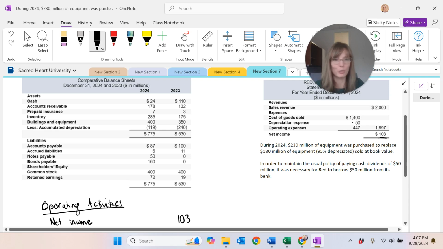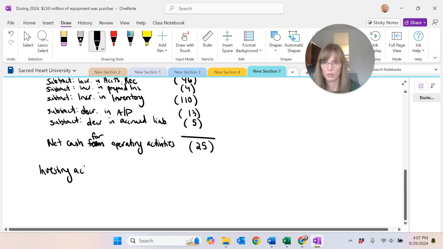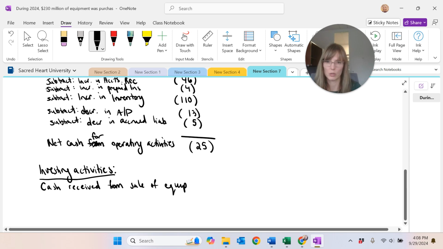Okay, so what do we need to do here? Our equipment. We need to know in the investing section how much cash was received from the sale of the equipment. We sold some and we purchased some other.